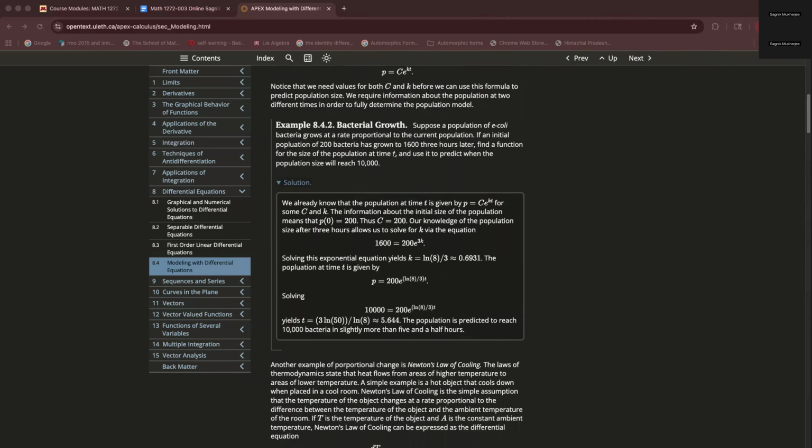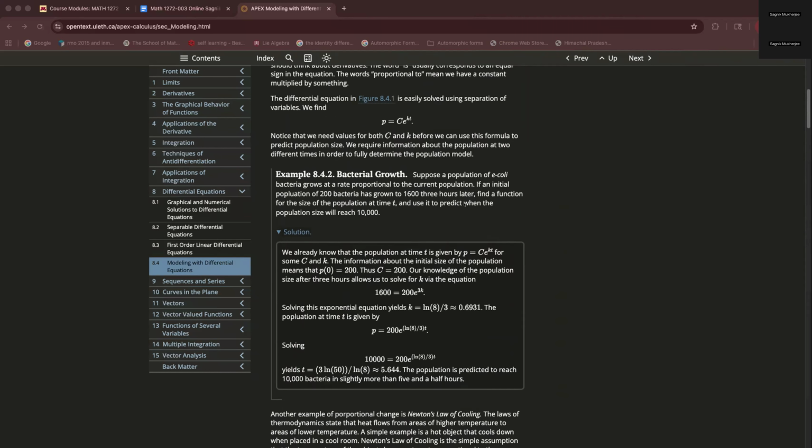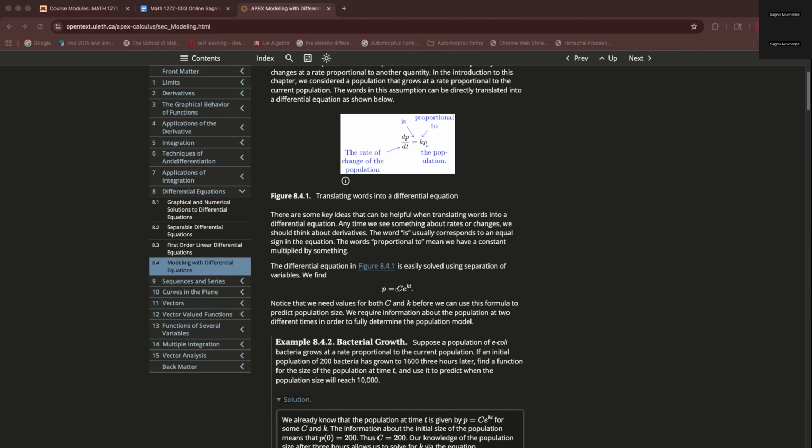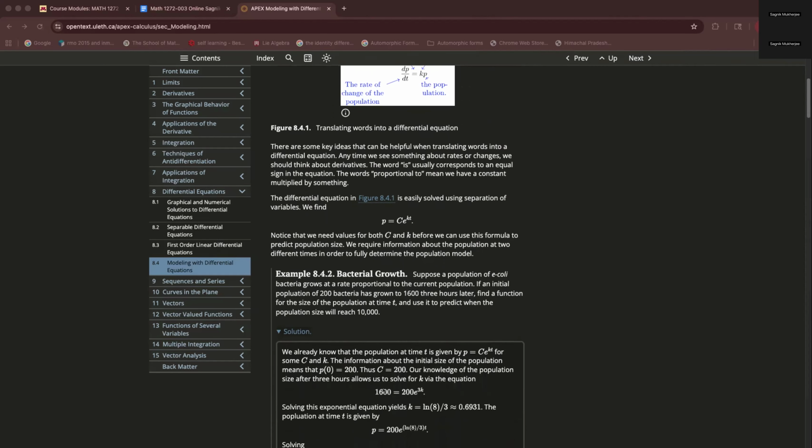Find the function of the size of population at time t and use it to predict when the population will reach 10,000. So see, you already know that the differential equation would be dP/dt equals kP. And you also know that the solution would look like c e power kt. So all you have to do is to find out the value of c and the value of k for this problem.